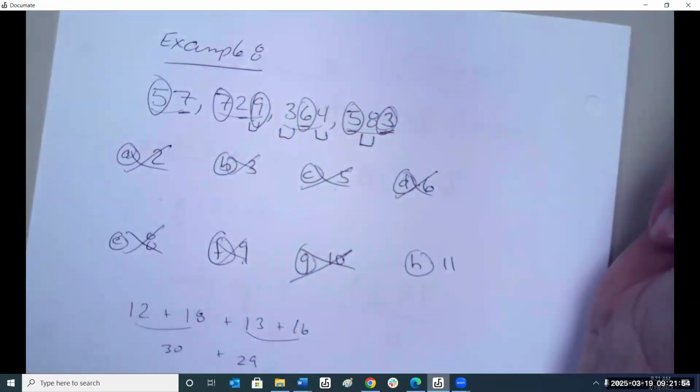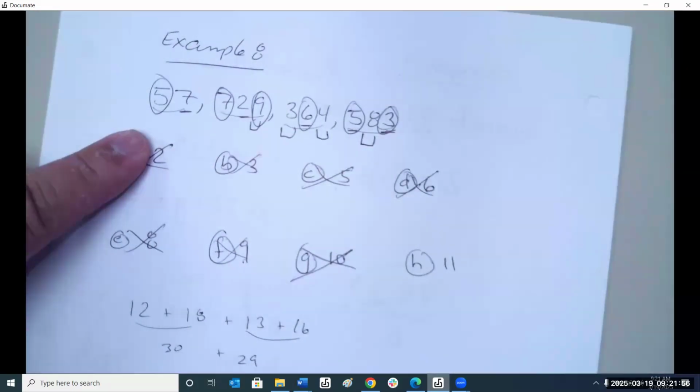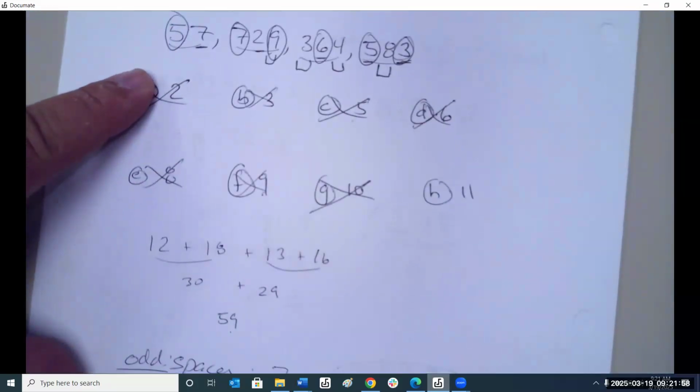Crikey, I misadded those. Oh, so I see that. So it's 5 plus 7 plus 9 plus 6 plus 5 plus 3. 10, 29, 35.